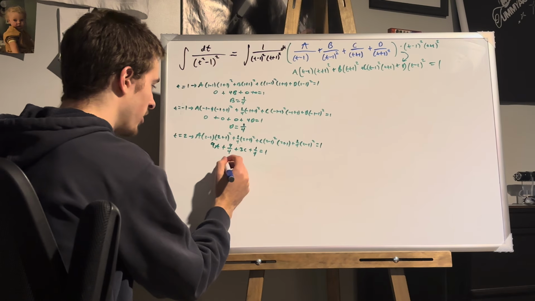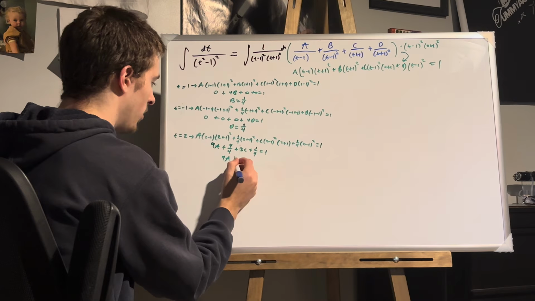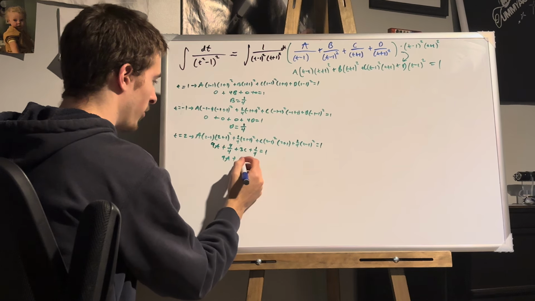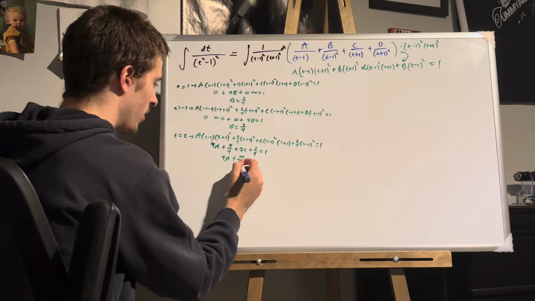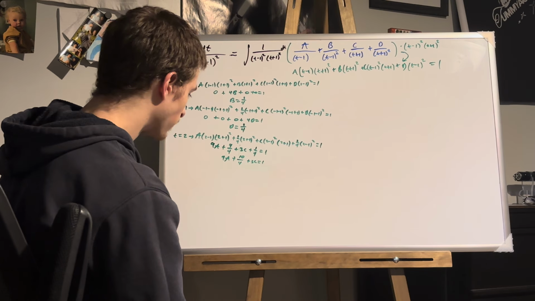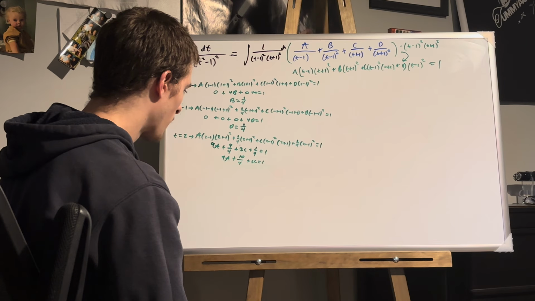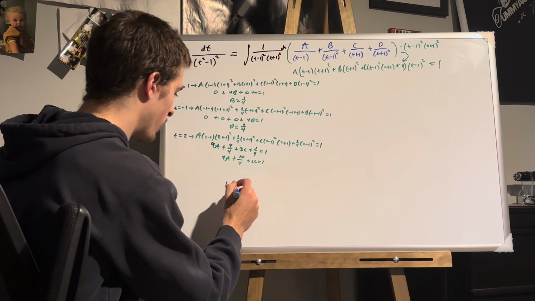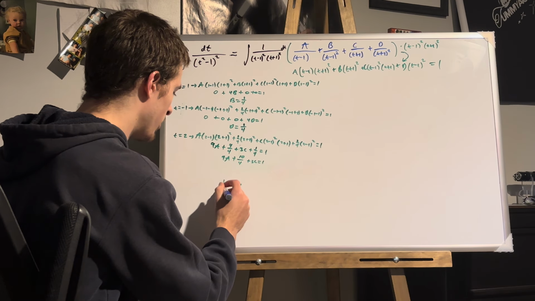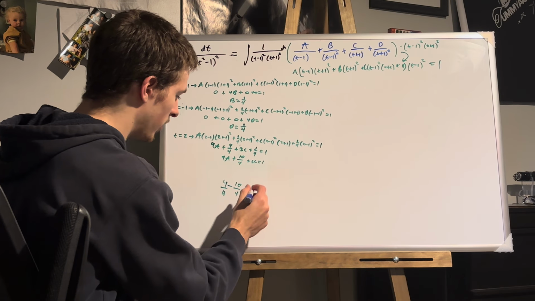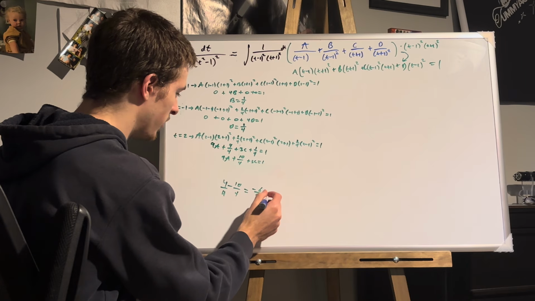Okay, let's add our fractions together. 9A plus 9/4 plus 1/4 is what? 10/4. Plus 3C equals 1. All right. Now, what's 1 minus 10/4? Well, let's multiply this by 4. Okay? 4 minus 10 is -6/4. And what's that equal to?